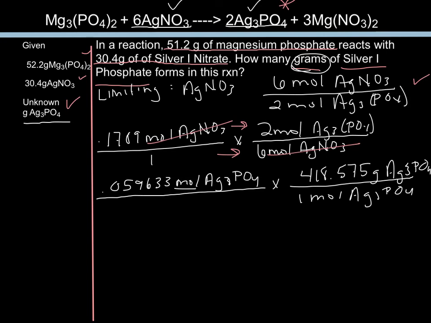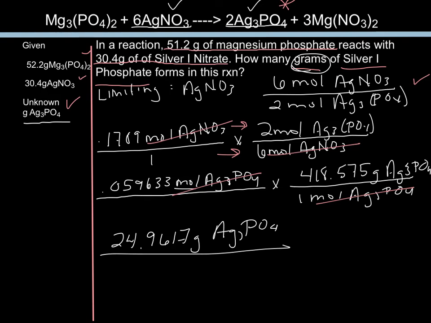Once I do that, I multiply straight across, these cancel, and I end up with 24.9617 grams of silver phosphate. Okay, and there we go. Now we've calculated our unknown. Our final answer gets boxed in.